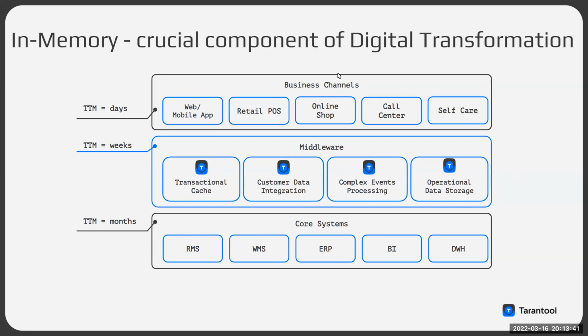Each change in a core system is hard to implement, and costly and time consuming. At the same time, as was already said, the business wants to make a lot of changes and deliver new channels for business communications. Here we're talking about web applications, mobile applications, etc.